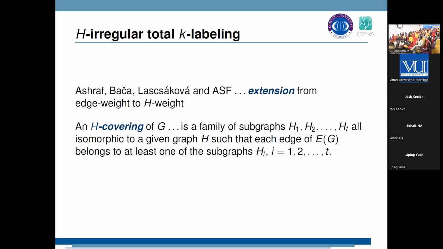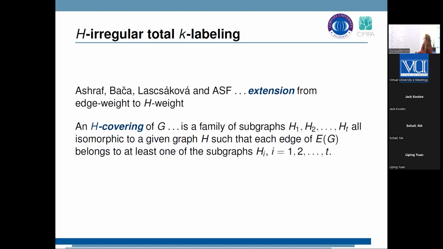Like for this wheel, it has covering with K2, C3, C4, K1,3, but it has no covering with K1,4, for example. Because we can cover only these edges, but not the edges on this outer cycle.